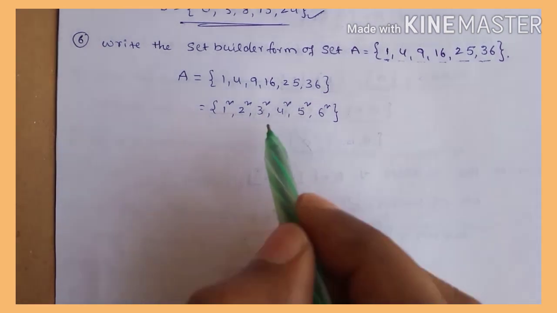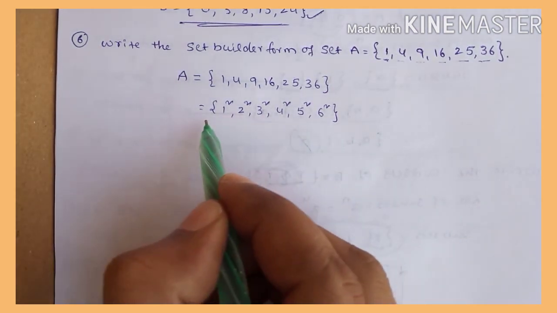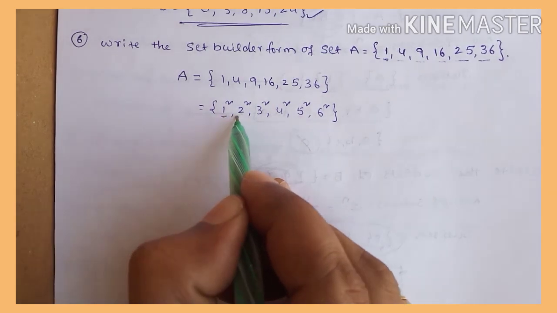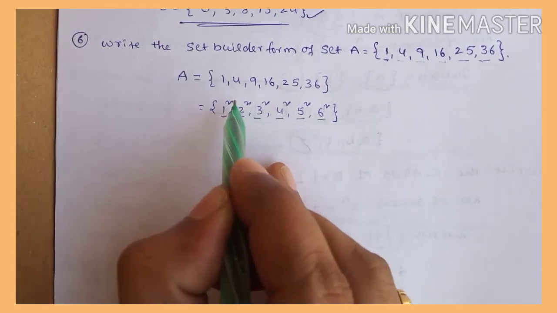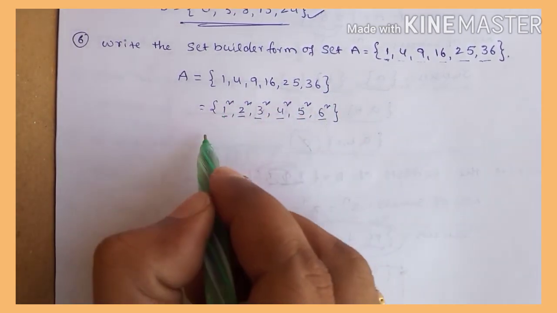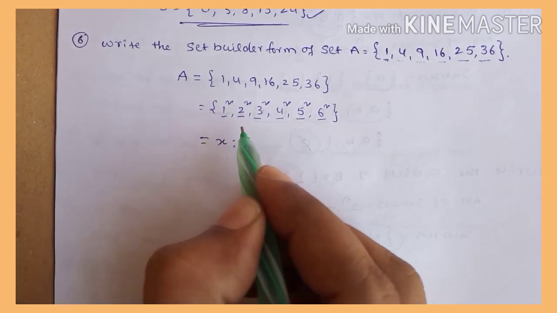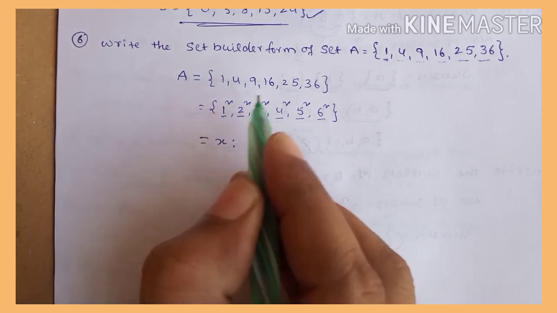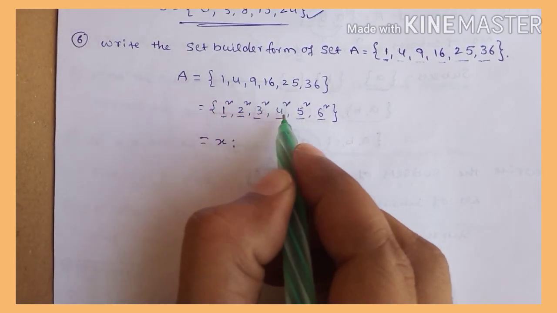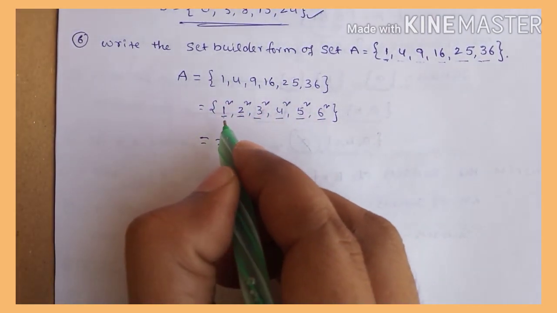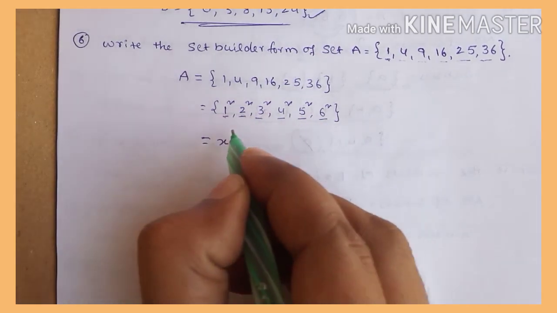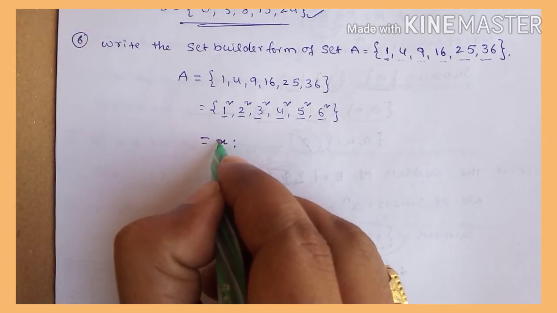Isn't it? Now can you notice any common form in the given set? Bases are changing but the power is the same. What is changing you can consider as a variable. So that is 1 square, 2 square, 3 square, 4 square, 5 square. The bases are changing, so the changing one is x.